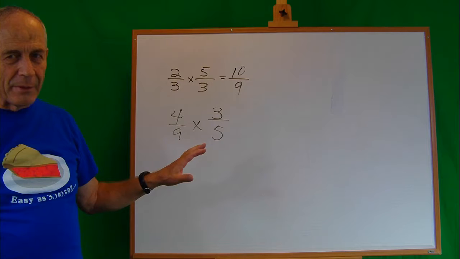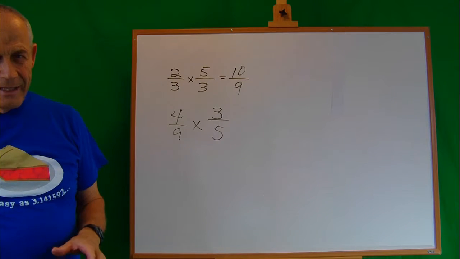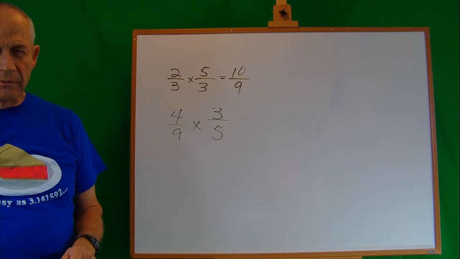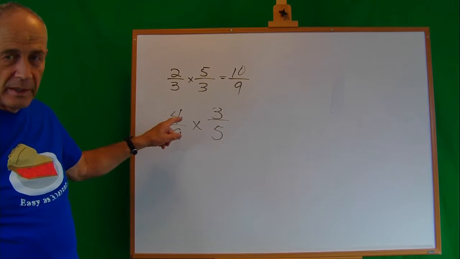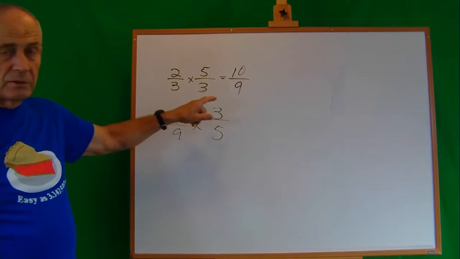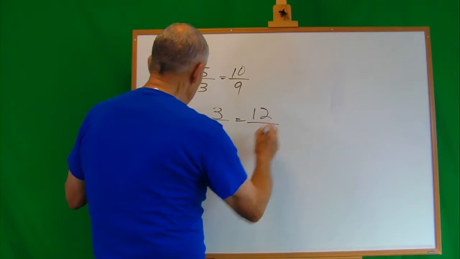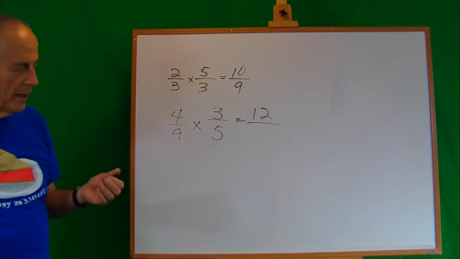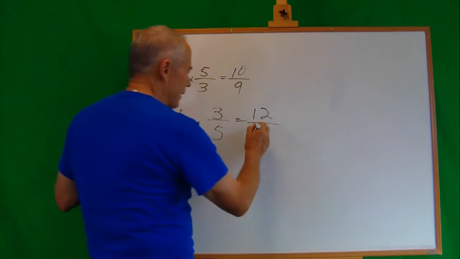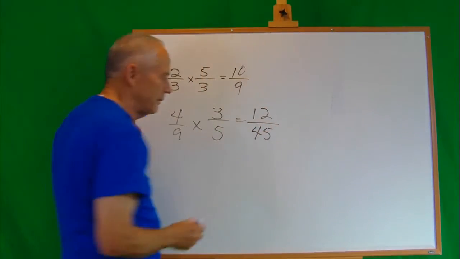It doesn't matter that the denominators are not the same because we're not adding here. It's only in addition and subtraction that you have to worry about that. My numerator will be 4 times 3, and that's 12. My denominator will be 9 times 5, which is 45.